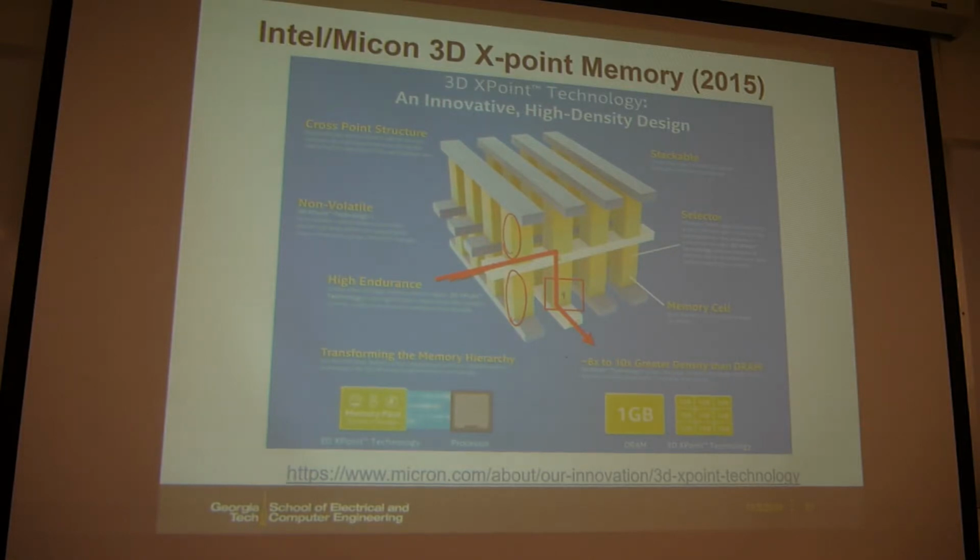You have 2 word lines, the top tier and the bottom tier, and in the middle you have the shared bit line. And this memory cell has this selector with it. So it's 1S, 1R structure. And this is basic information for the 3D XPoint memory array.